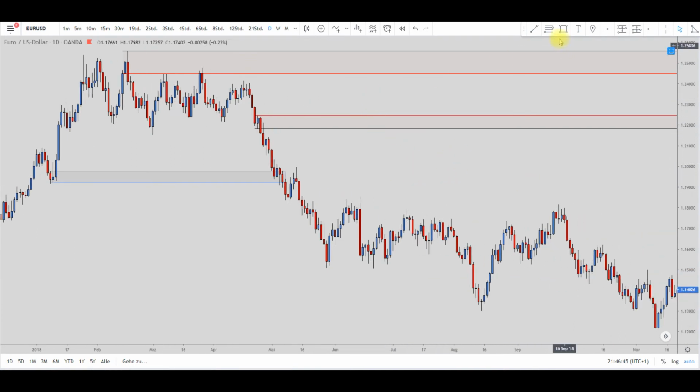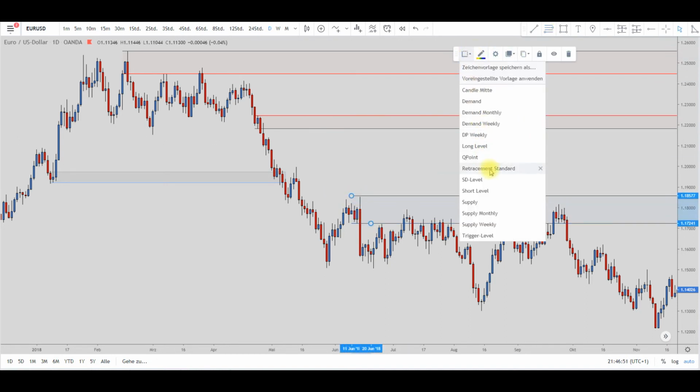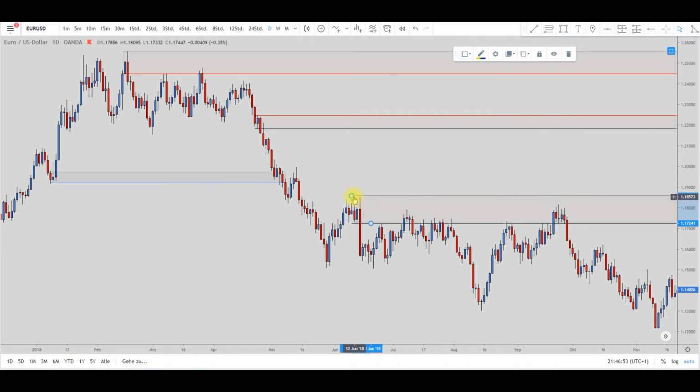In terms of fresh supply, we've got this level here. That is supply, and that was tested once, twice, 3 times, 4 times, 5, 6, 7, 8, 9 times.